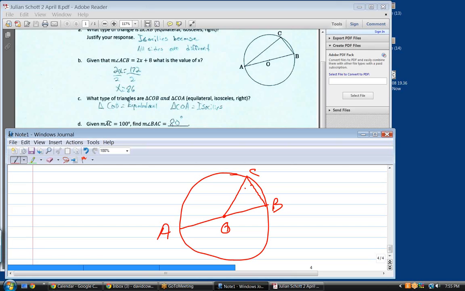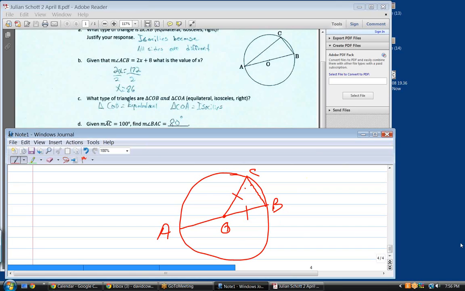Yeah. All radiuses within the same circle are equal. So that has to be equal to that, making it what kind of triangle? Equilateral? No, equilateral is all three sides. Isosceles? Isosceles. That's all we know. So COB is isosceles.